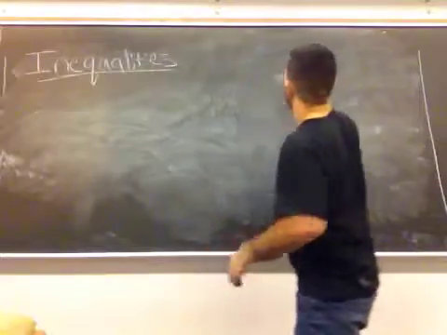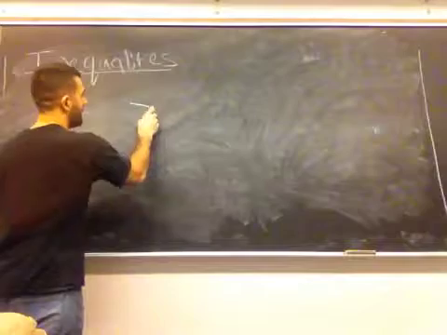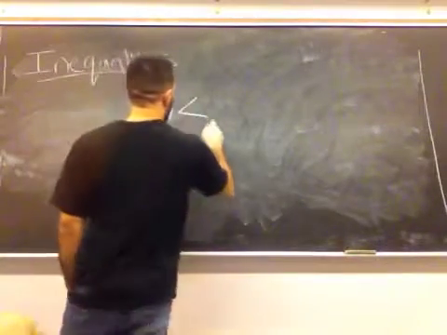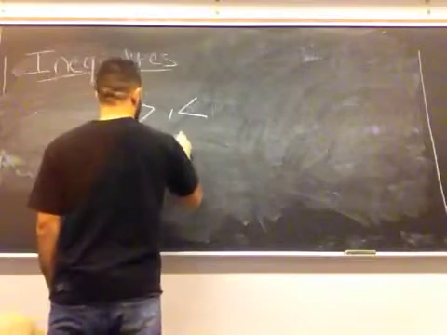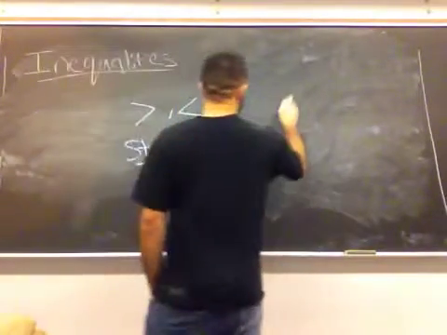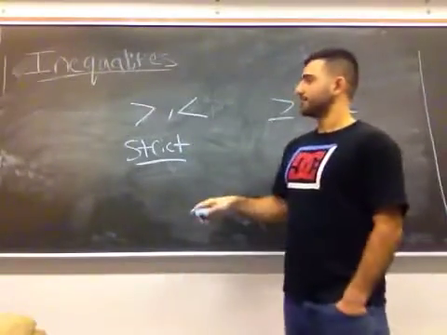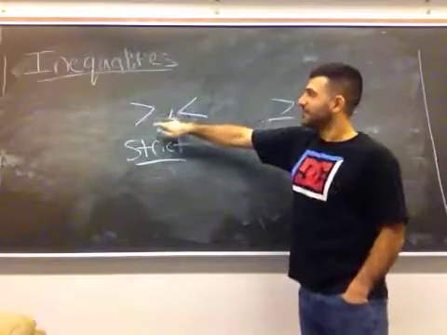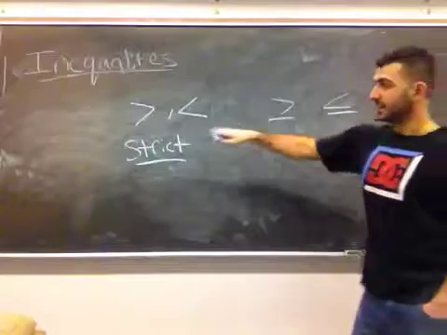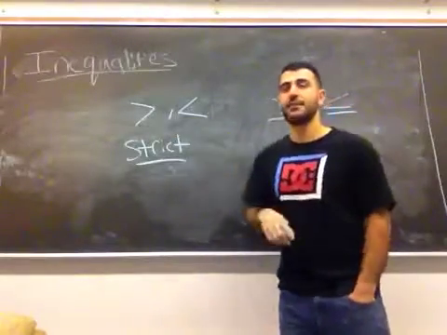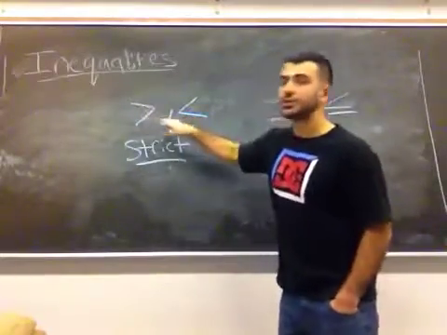Okay, I just want to bring up one little point, and then I think we should be good. Let's talk about some terminology that some people will use. Anytime you have the inequality symbols greater than or less than, but they don't have the line underneath which says or equal to, we call these strict.